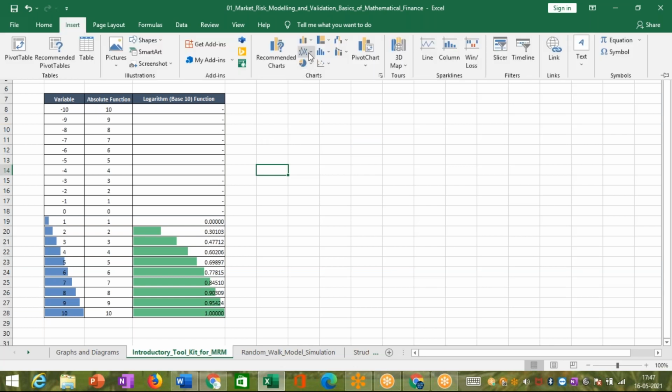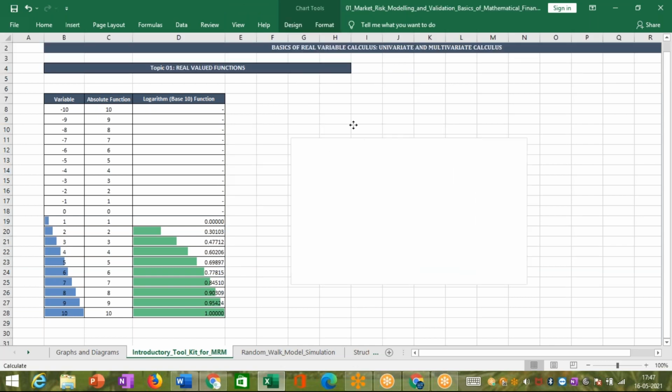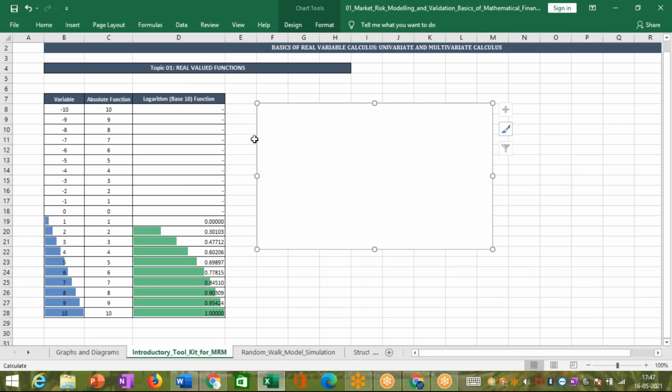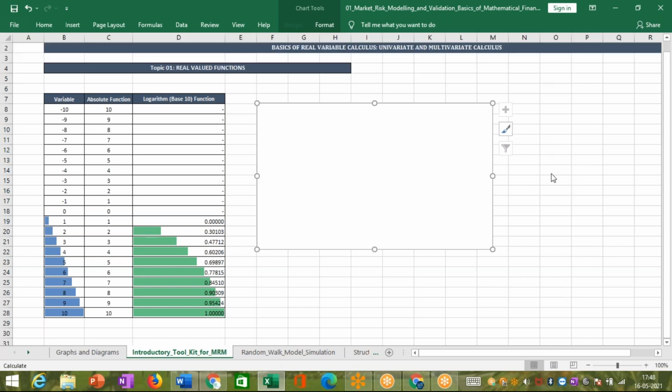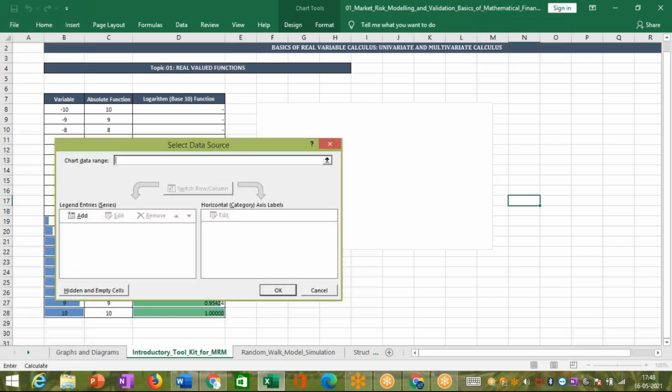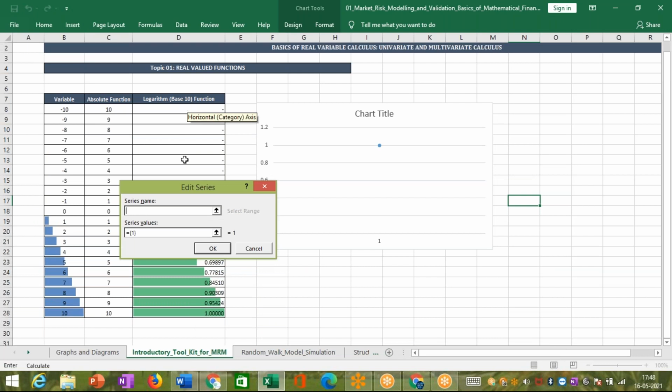I will go to insert. Logarithm, the variable is.